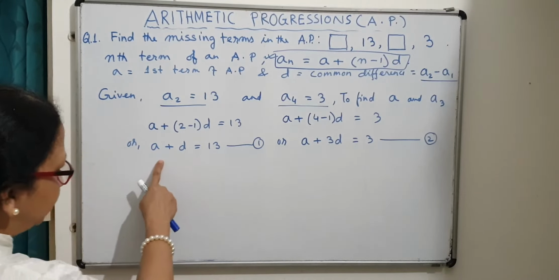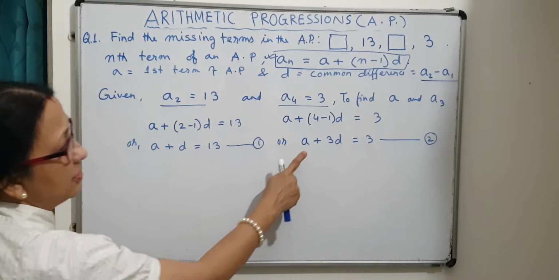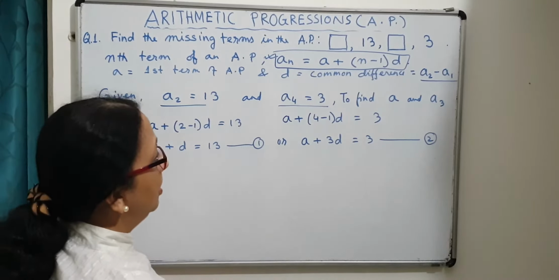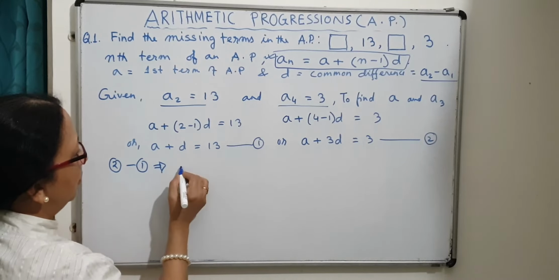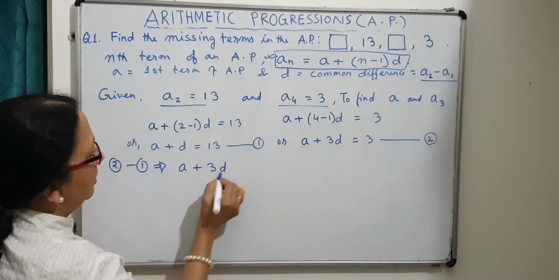So as you see, we will be using the method of elimination, because here is a, there is also a. If I subtract one from the other, this a will be eliminated. So we subtract equation 1 from equation 2. Equation 2's left hand side is a plus 3d, and we subtract the left hand side of 1, minus a minus d, and it is 3.